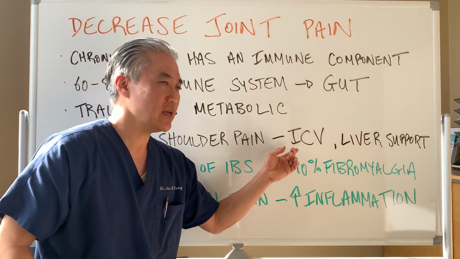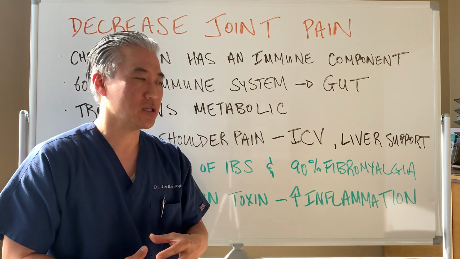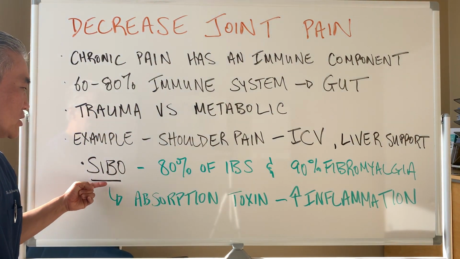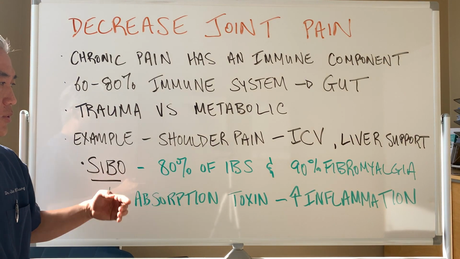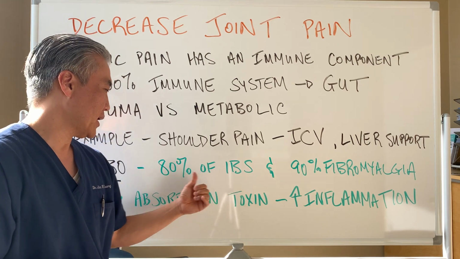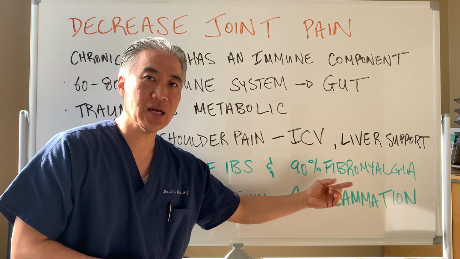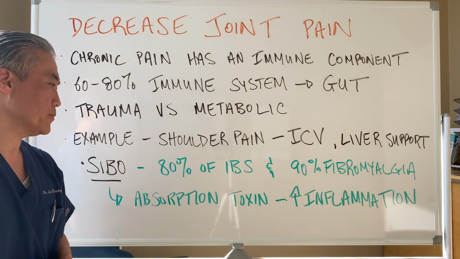So there's definitely an organic component to a pain syndrome. So SIBO, or small intestinal bacterial overgrowth, 80% of people who have IBS have SIBO, and 90% of people who have fibromyalgia tend to have SIBO, right?